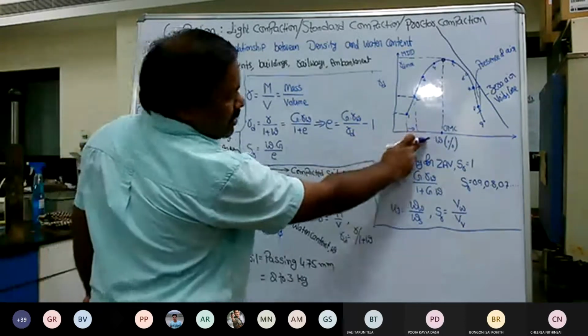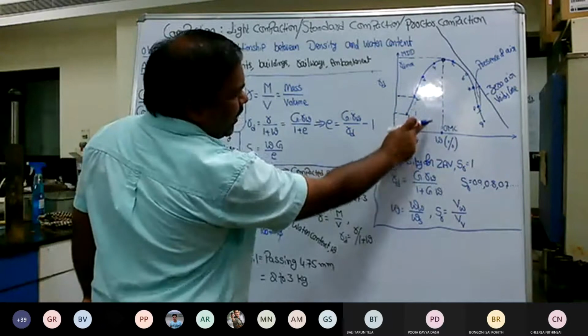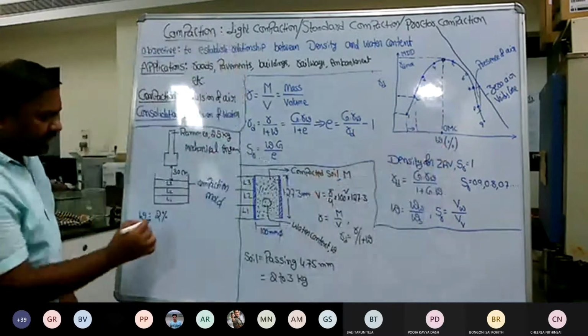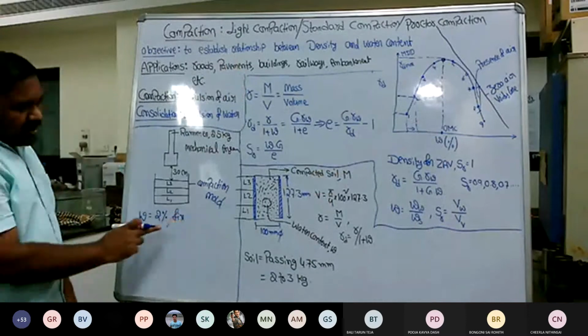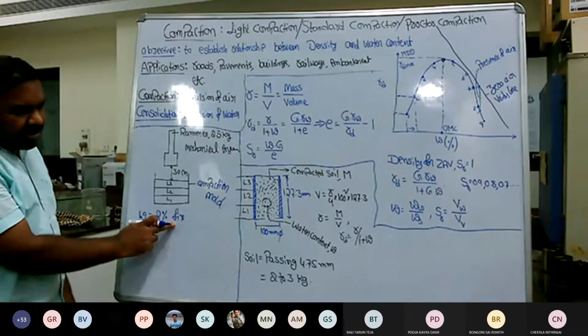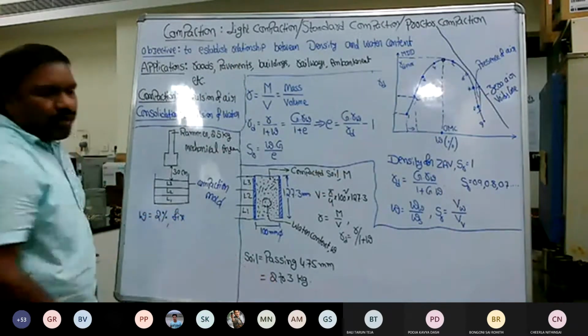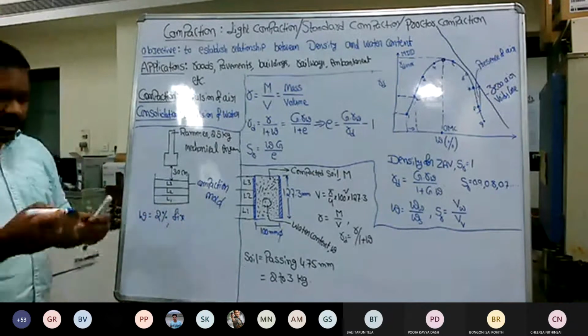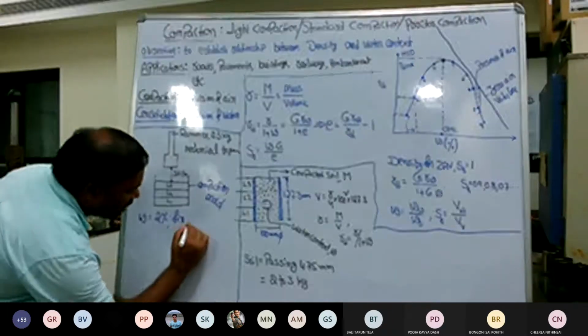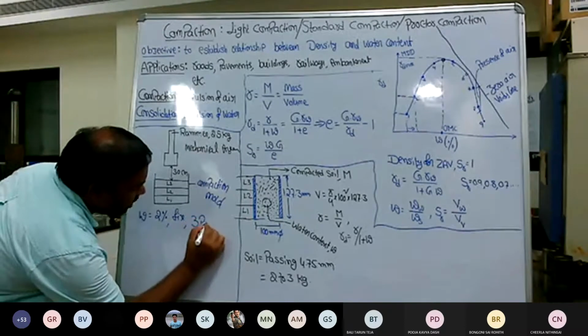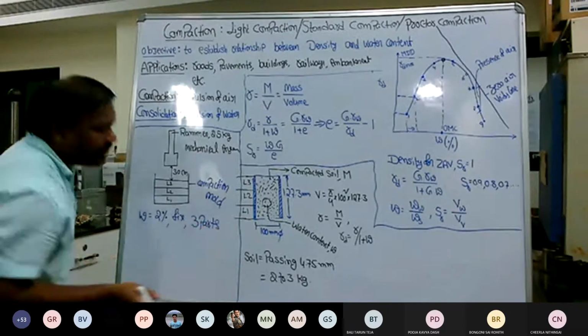If you look at the compaction curve, the x-axis is water content. So initially I will fix 2% of water. Add 2% of water to 2 kg of the soil, mix it thoroughly and divide it into 3 parts.